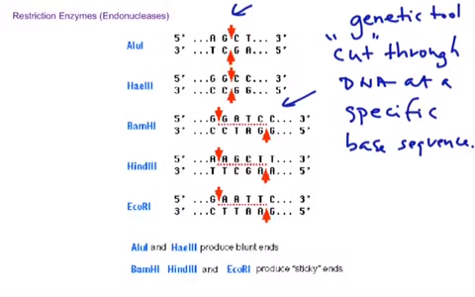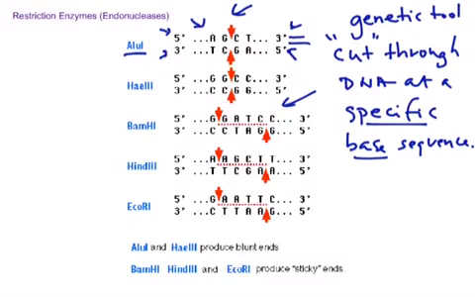So a restriction enzyme, here's an example here of Alu1, and we have the 5' end of the DNA through to the 3' end, and then the other strand 5' through to 3'. So this is the double-stranded DNA molecule. There'll be millions of base pairs, but what's important to note here about restriction enzymes is they will only cut through at a specific base sequence, that is a recognized base sequence.